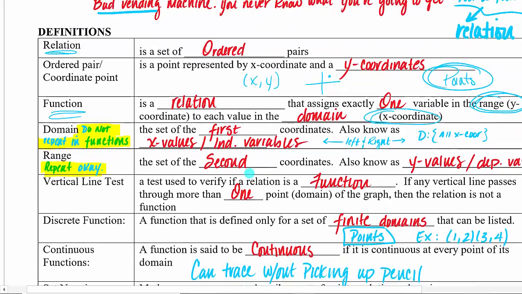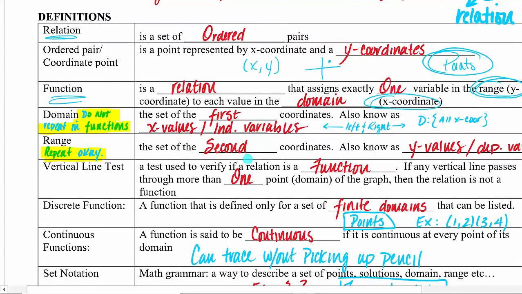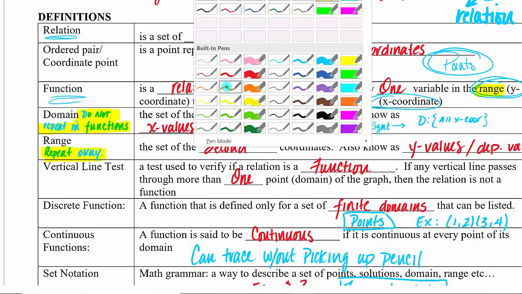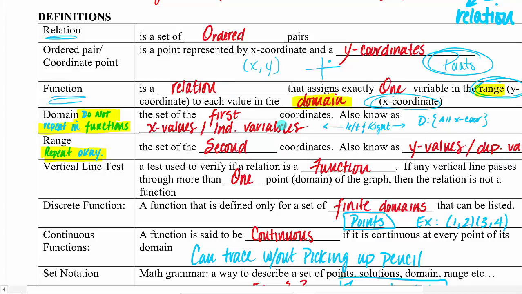Okay, so now let's talk about domain and range. You can see up here that we use the term range with y and we use domain with the x values. And that's essentially what it is. Domain is a fancy way to talk about specifically the x values. So when we look at these, it's the first coordinates, also known as x values or independent variables.